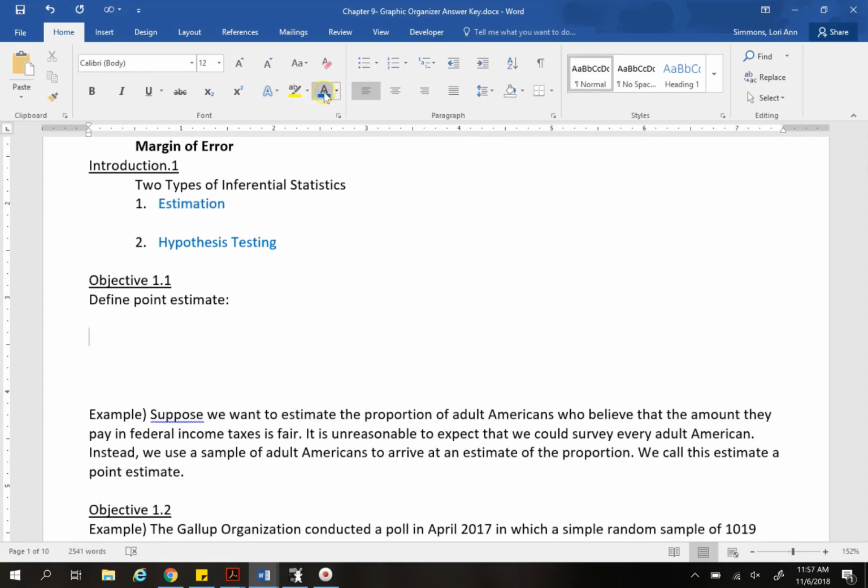So let's first start off with defining point estimate. This is the value of a statistic that estimates the value of a parameter, or a sample proportion that estimates the proportion of a population.